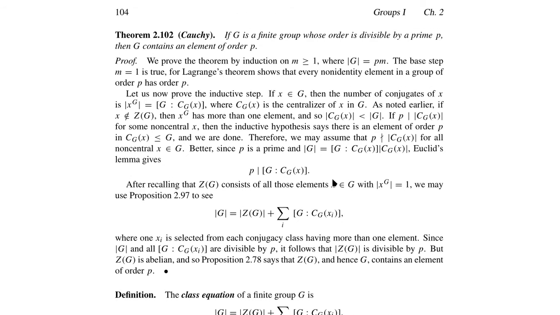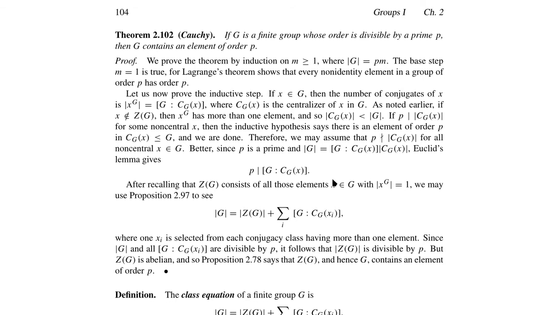The Cauchy theorem is simple enough, and we prove it by induction. Induction starts from n greater than or equal to 1. So the order of G is equal to p times m.